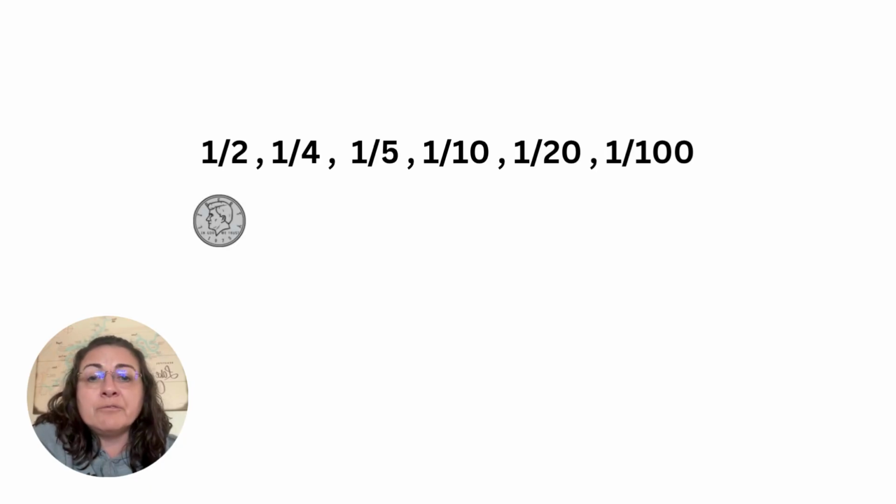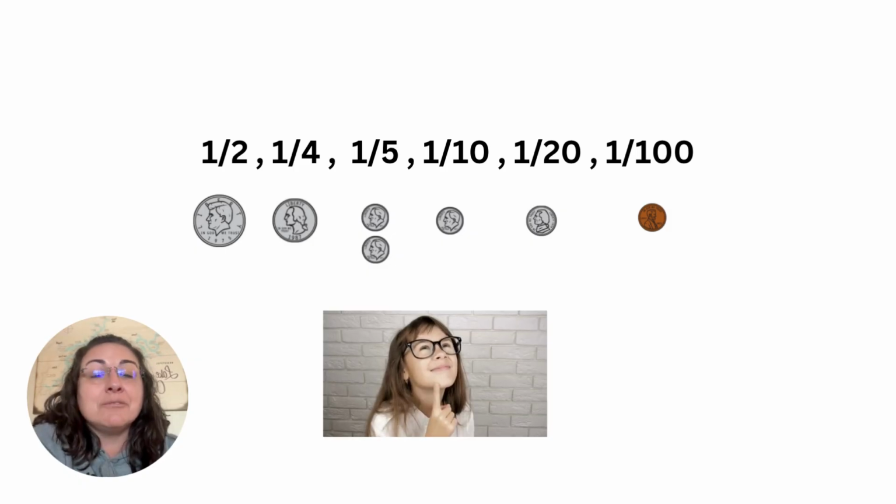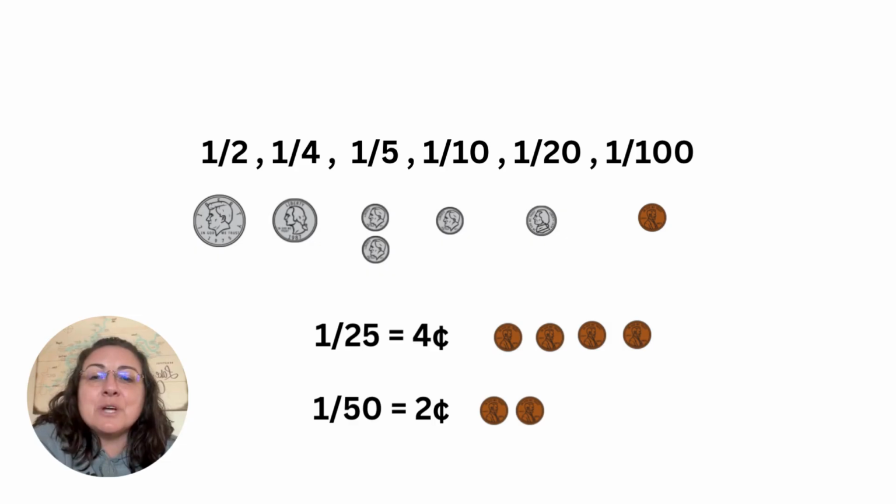We have seen that we can work with the unit fractions now: 1/2, 1/4, 1/5, 1/10, 1/20th, and 1/100th using the money model. Can you think of other unit fractions that can be made from a dollar? What about 1/25th and 1/50th? If you notice, the denominators are all factors of 100.